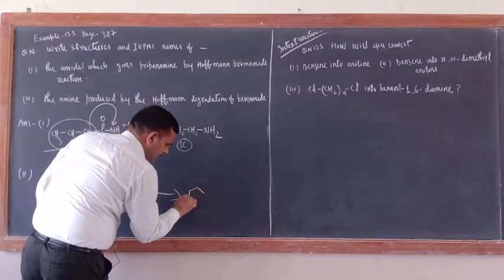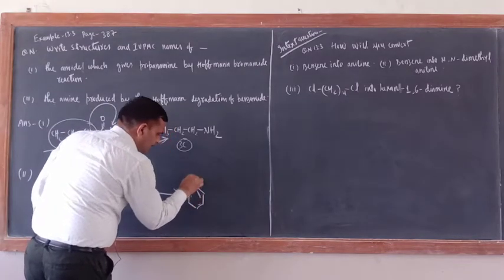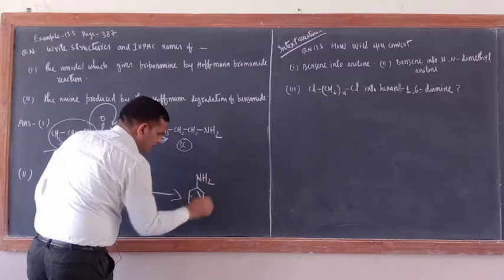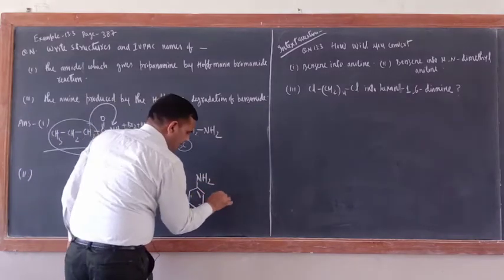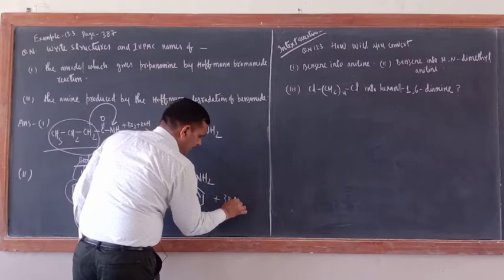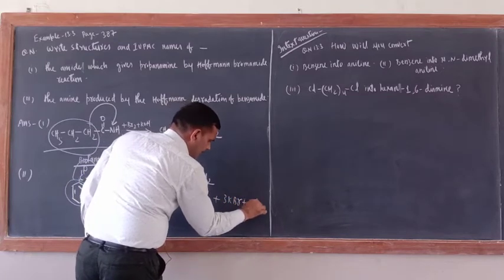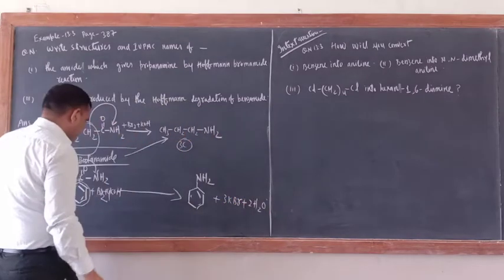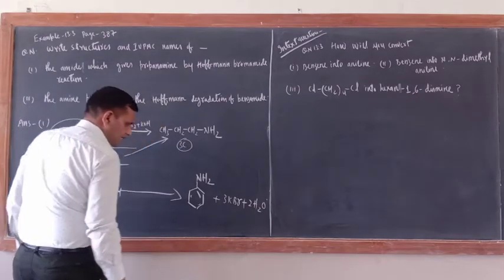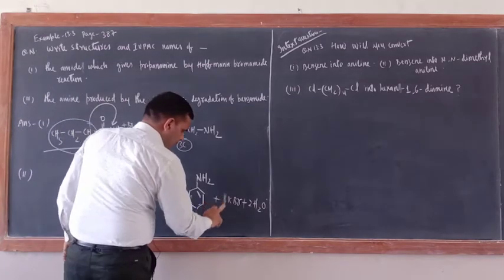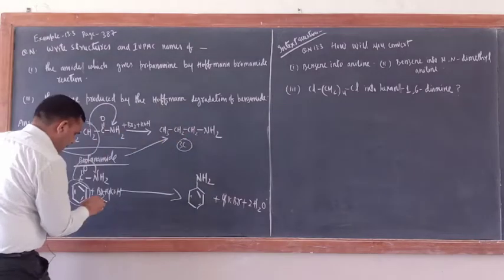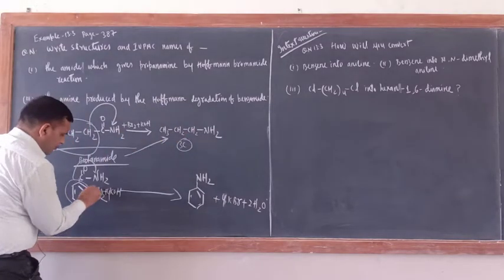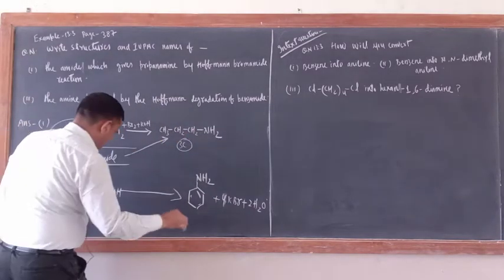So which amine will you get here? You will get aniline, NH2, plus the remaining things: 4KBr, 2Br2, plus 2H2O.